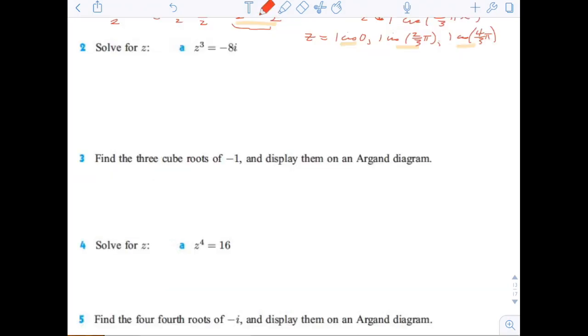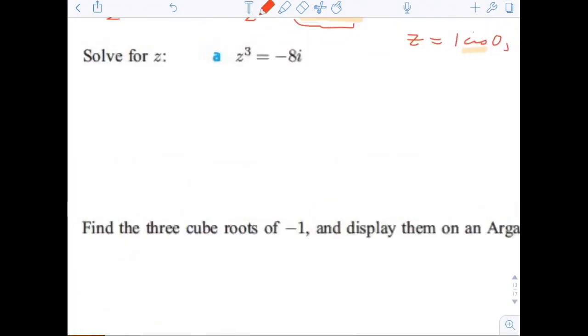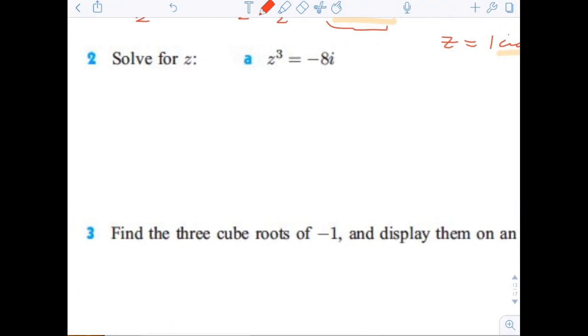Okay, let's do number 2. So we've got z cubed equals negative 8i. Negative 8i is like a vector pointing down in the complex plane, right? Negative i. So we could put 8 cis pi, or cis negative pi over 2, or 3/2 pi.